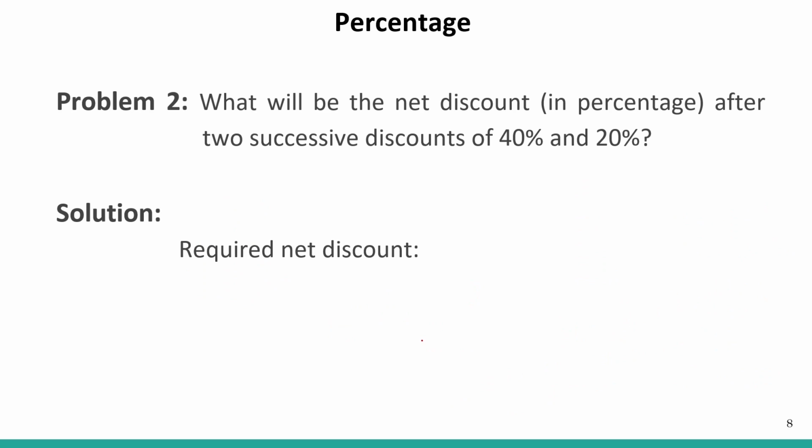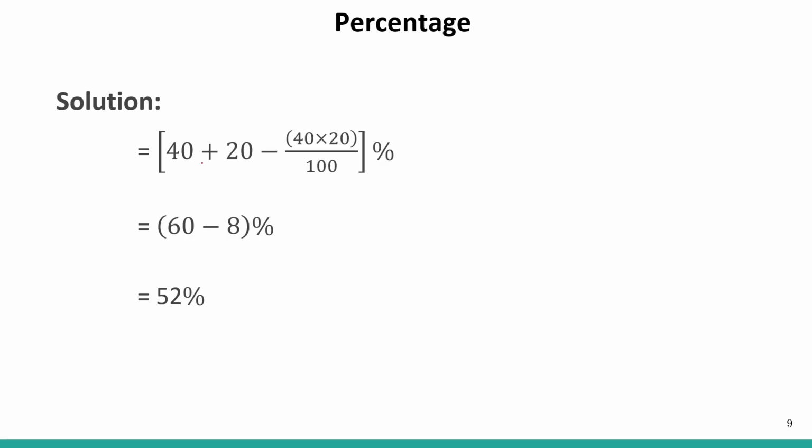Okay, let's see the step-by-step solution. So the required net discount will be 40 plus 20 minus 40 into 20 whole by 100%. Okay, this is the general formula. If you want to give successive discounts, then D1 plus D2 minus D1 into D2 whole by 100.